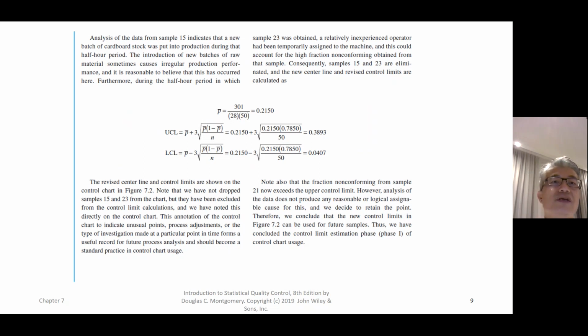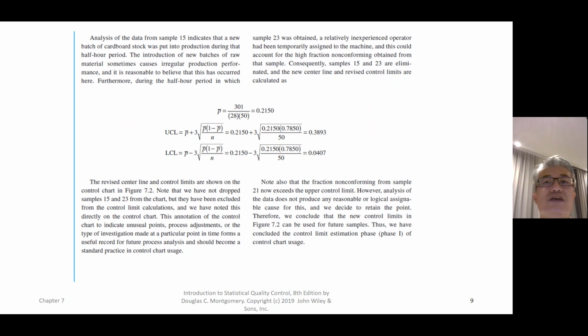Furthermore, during the half-hour period in which the 23rd sample was obtained, a relatively inexperienced operator had been temporarily assigned to that machine. That's what accidentally happened, and this could account for the high fraction non-conforming obtained from that sample. So this is an assumption: we assume this is a new vendor, and this is a new operator.